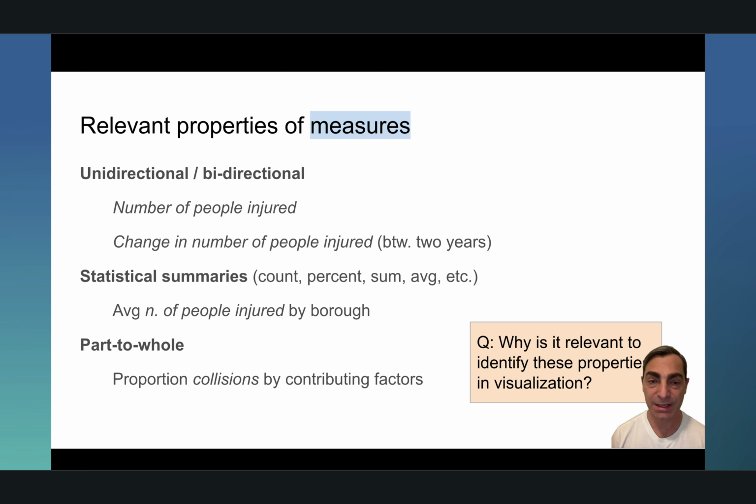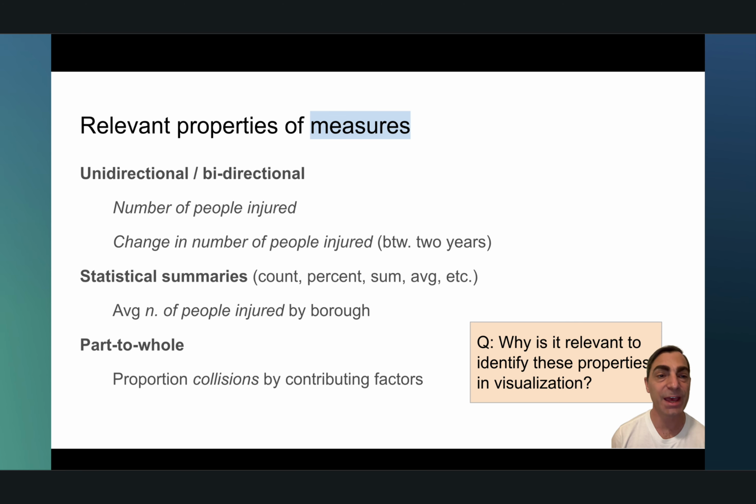Why? Once again, because different visual representations have implications in terms of whether they convey the idea that something is, for instance, bidirectional, if it's a statistical summary, or if it's a part to whole. We will cover all these elements in much more detail in a later lecture.